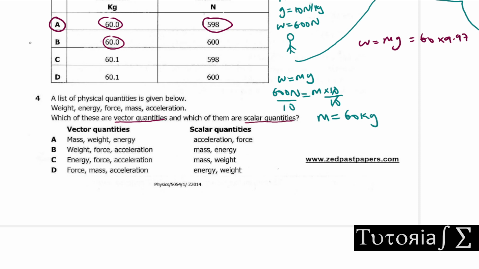Scalar quantities just need to have quantity. For instance, mass is a scalar quantity. So we have mass and energy.